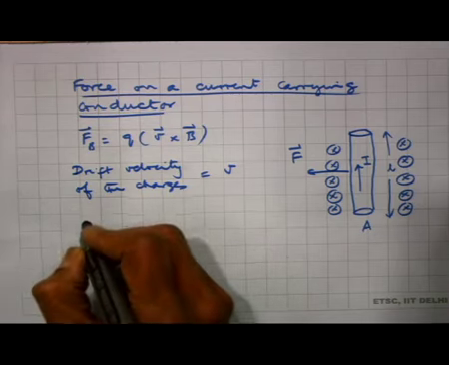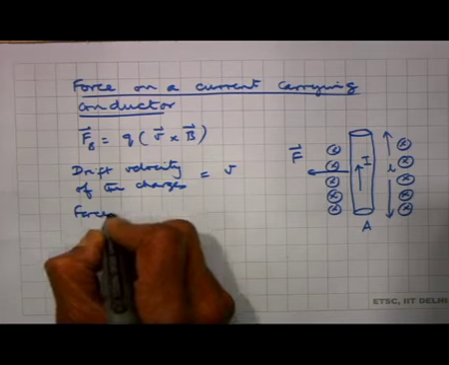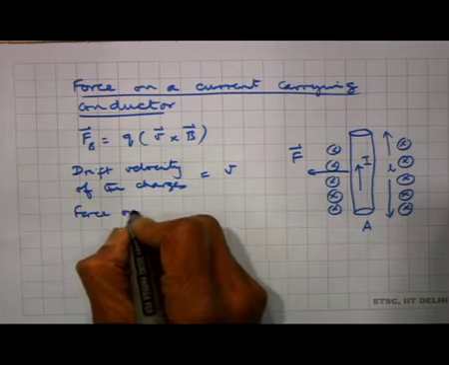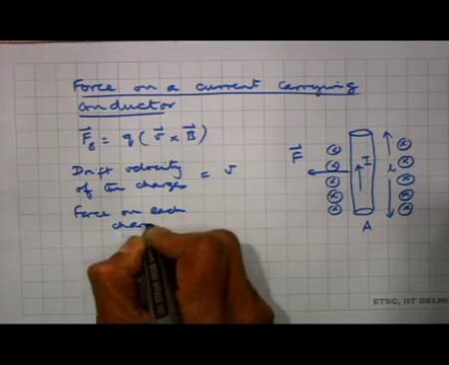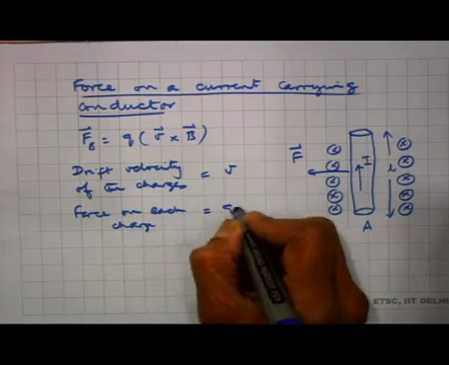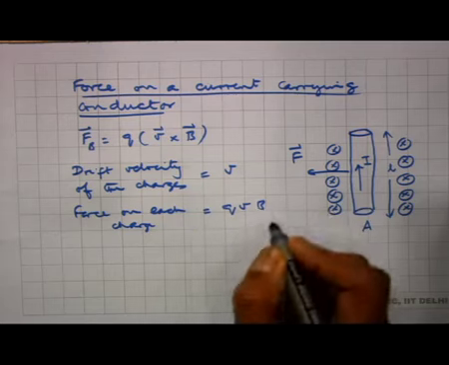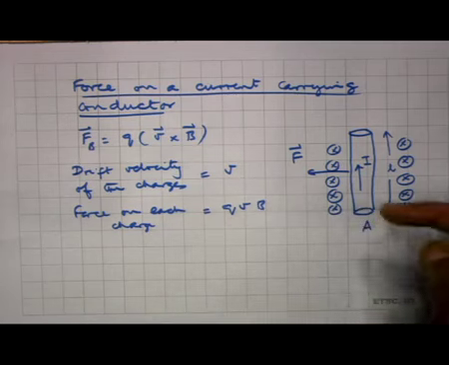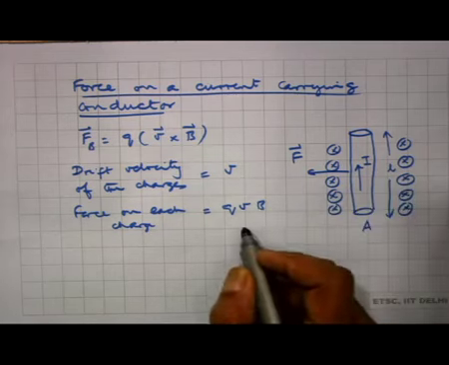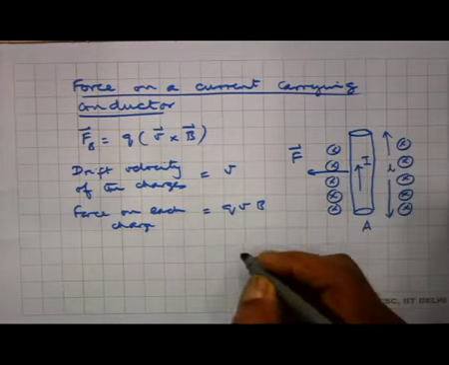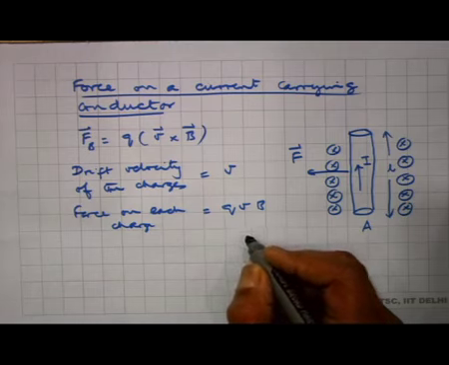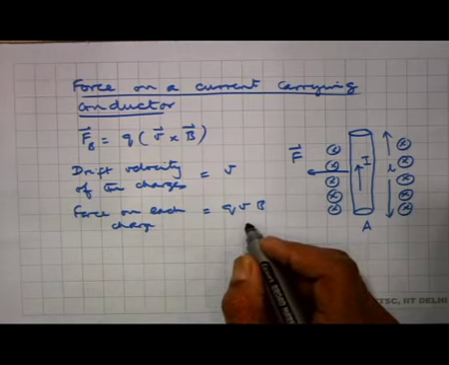So, the force on each charge, the magnitude of the force, is q times v times B. It is in the direction shown here. The magnitude is q v B because the velocity vector is perpendicular to the magnetic field direction, so v cross B is nothing but v times B. Now, that is the force on one charge.